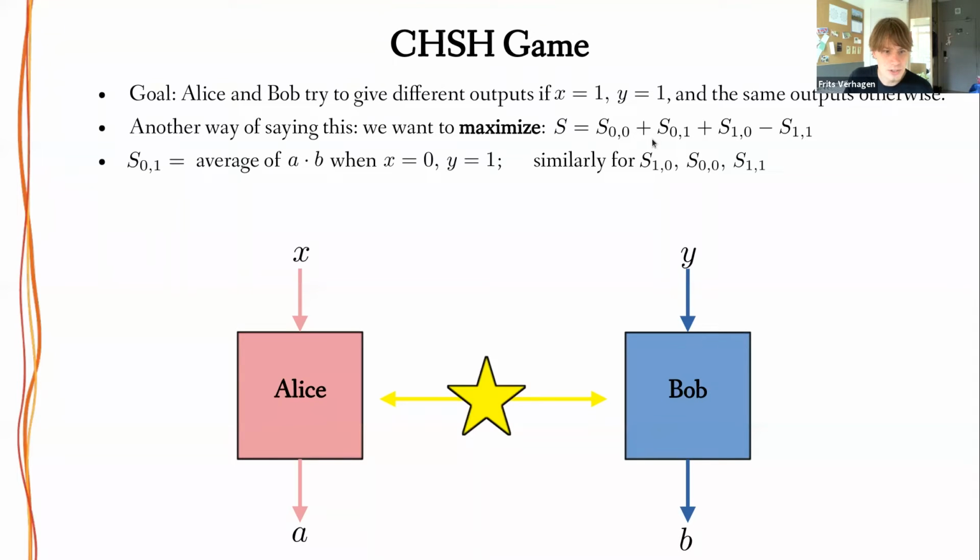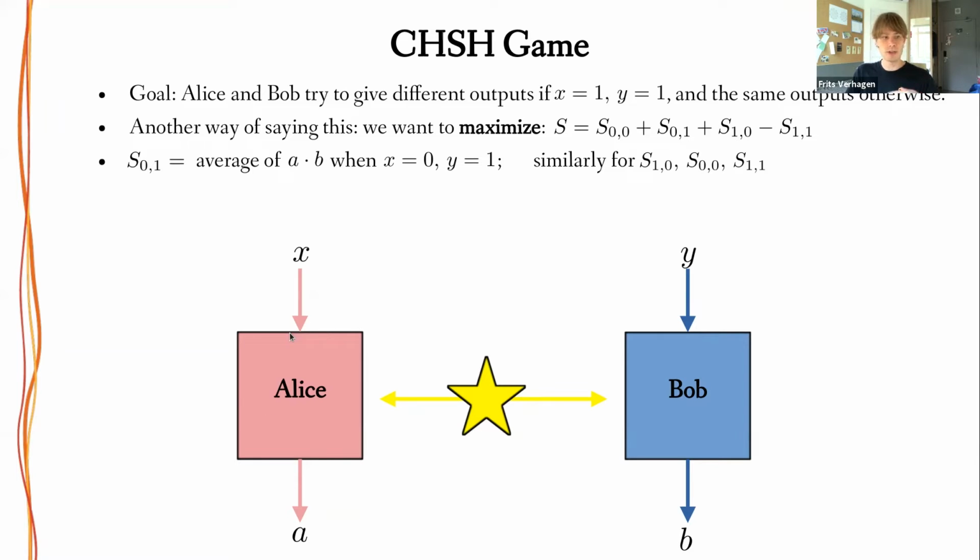For instance, S01 is the average of the product of the outputs A and B when X is 0 and Y is 1. In practice, what we do is run this for a lot of rounds.